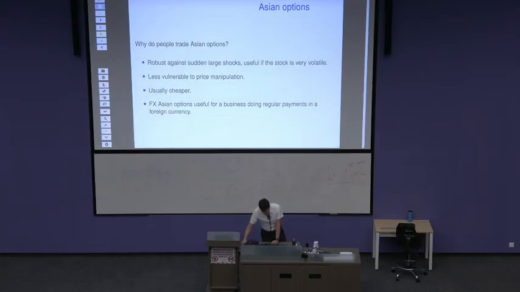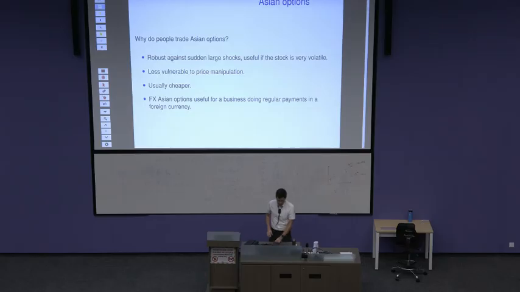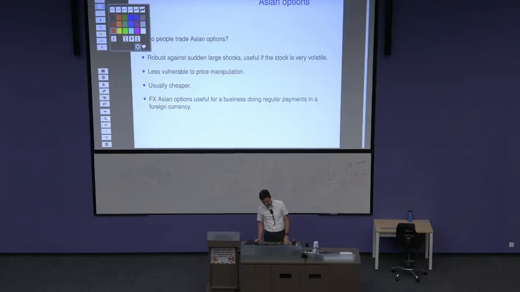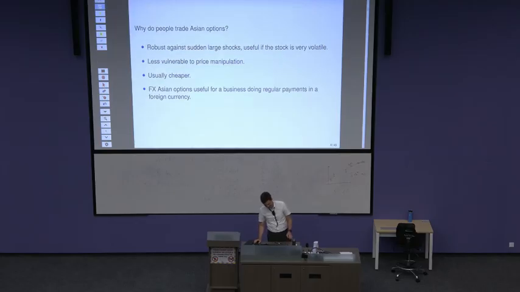Okay. So the question would be, why do we need these types of options? Why are they interesting? Is this again some object thought of by mathematicians, or is there really some use in these options? There are really some situations where these options are not only for speculation, but really have a couple of advantages.